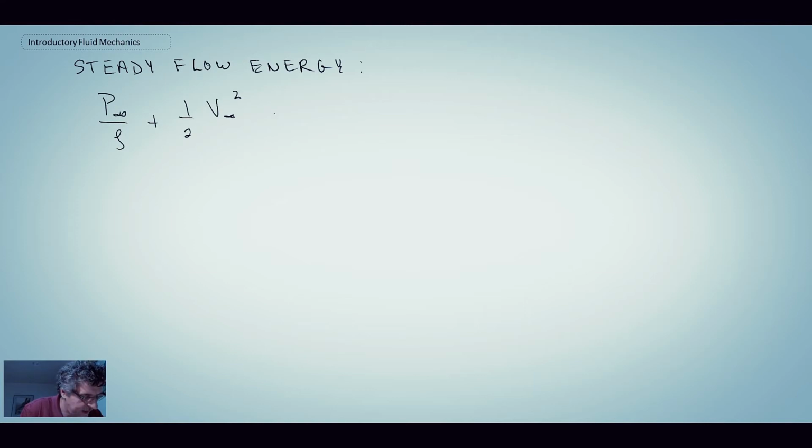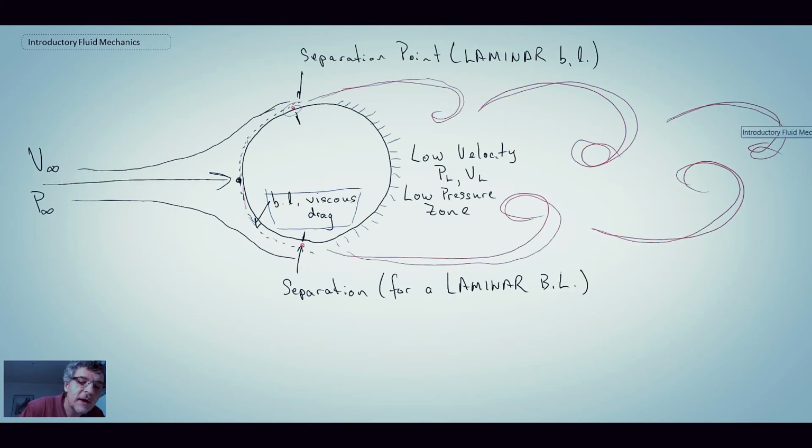And I'm going to neglect the elevation term gz. And if we were to try to do this between a point far upstream, and let me go back. So if we were to try to apply this from this point here, so let's say some point downstream in here, which would be where we have P low, V low.